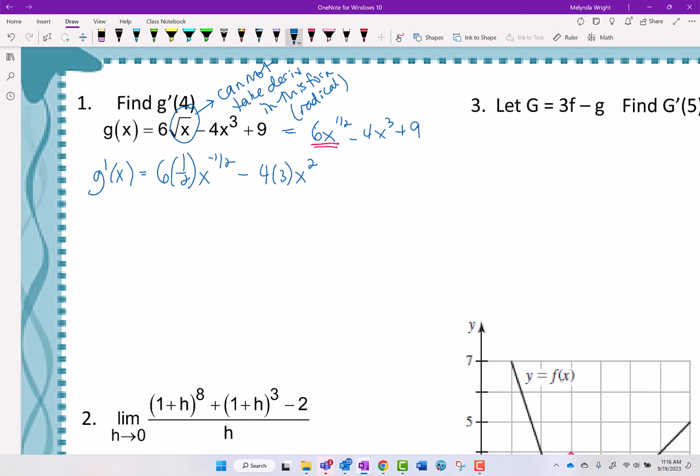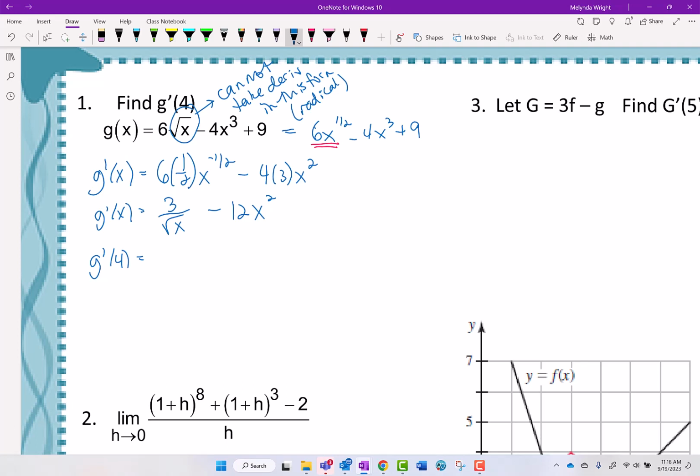So let's clean this up a little bit so it's easier to work with. g prime is going to be 3 over square root of x, minus 12x squared. Again, I'm just rewriting it so when I plug a 4 in, my life is easier. Okay, great. Now we want to find g prime of 4. Just get rid of the 9. The derivative of a constant is 0.